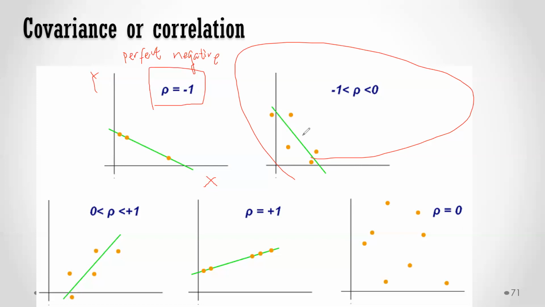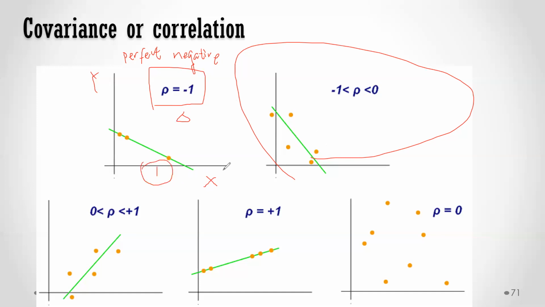So it still says they have a negative correlation, but not as strong as the -1 case. We can draw a straight line, but not all points lie on the green line. So we say the correlation is negative, but it's not as strong as the -1 case.